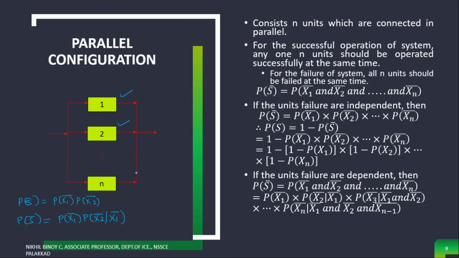Then if you have three components, means if you have one more component here, the third component, then we can write P of S bar is equal to P of x1 bar into P of x2 bar slash x1 bar into probability of failure of third event if first and second components failed simultaneously.